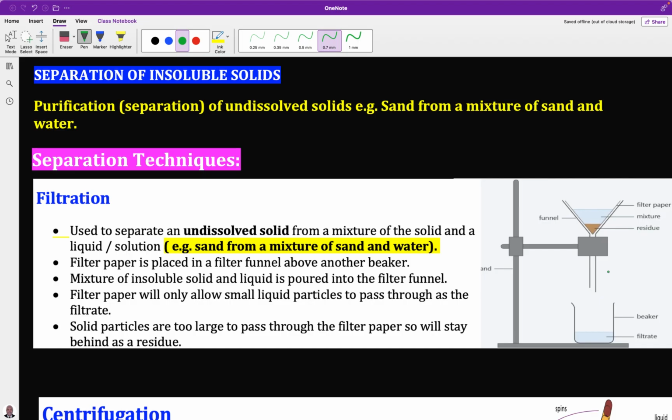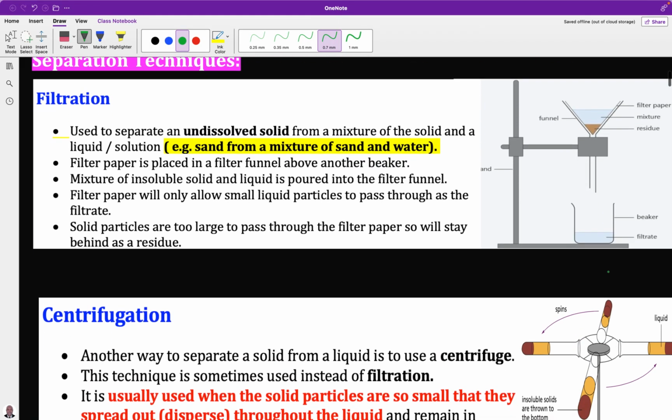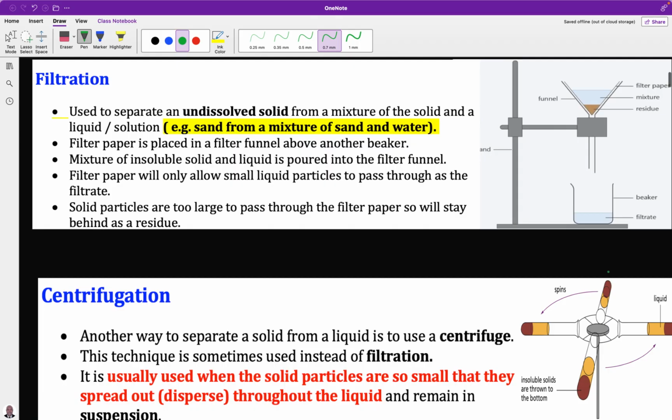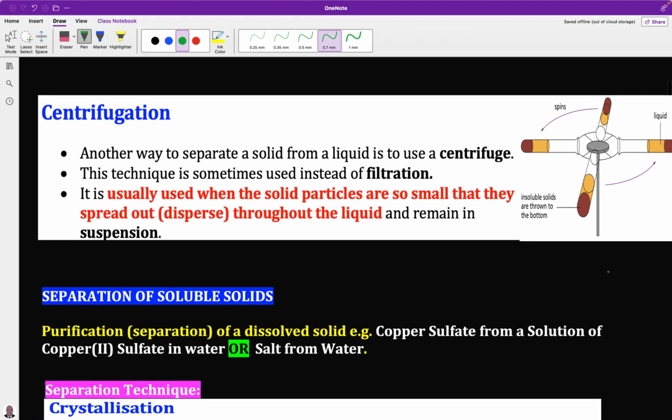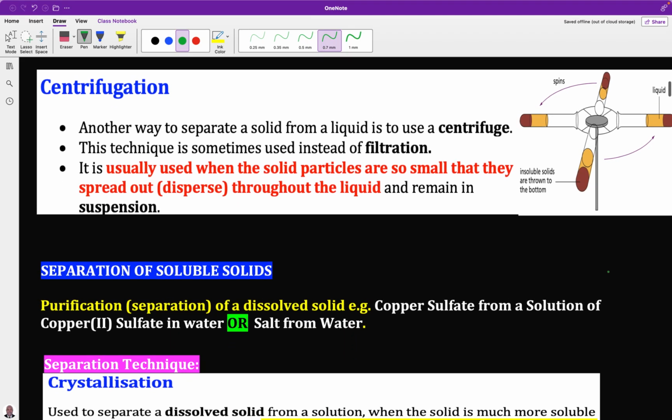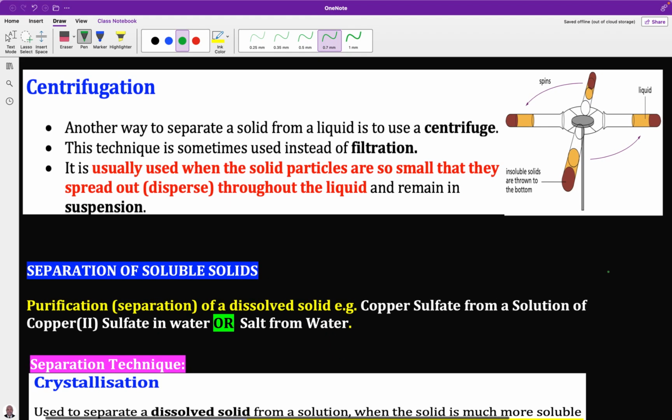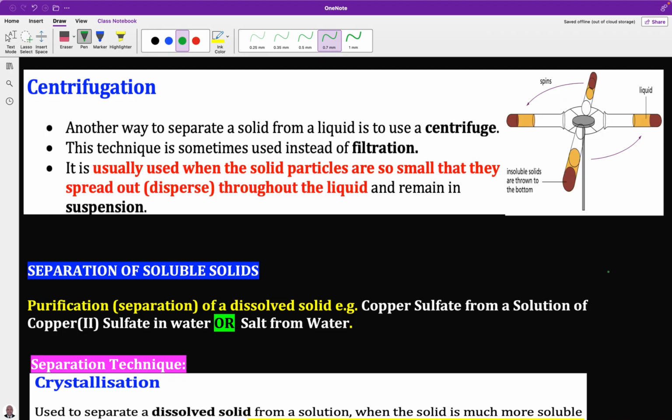Another method that can be used for the separation of undissolved solids is centrifugation. The use of a centrifuge. This method is another way to separate a solid from a liquid.